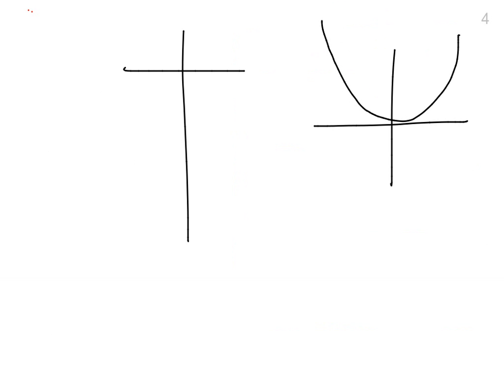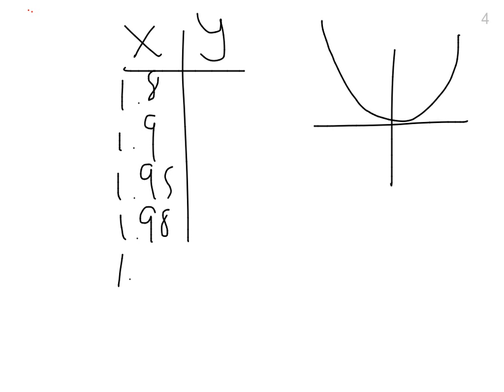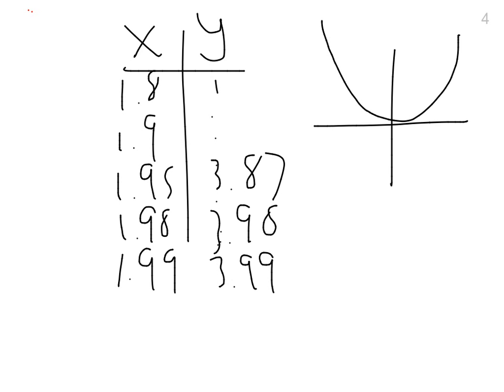If we go back to x squared and you were to draw a table of values, and say you've got x and y, as x is 1.8, 1.9, 1.95, 1.98, 1.99, you can see that y is going to gradually approach, from this side, something like 3.99, and you can tell that it's going towards 4. 3.98, 3.87, I don't know, I'm just making up these numbers.